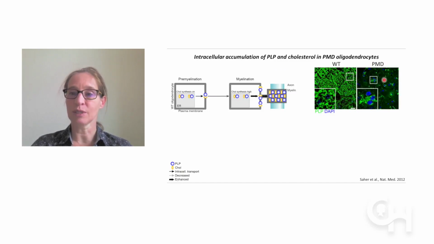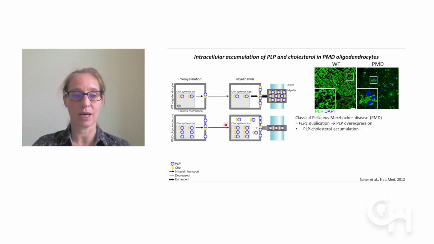However, in a PMD mouse model, the picture is different, and the green structures here are located around the blue stained cell nuclei. In the cartoon, in classical PMD, which is caused by an overexpression of PLP protein due to the gene duplication, more PLP is built within the oligodendrocytes, and this alters the ratio of cholesterol to PLP in the cell membrane.